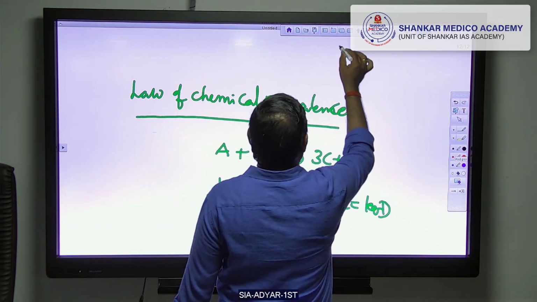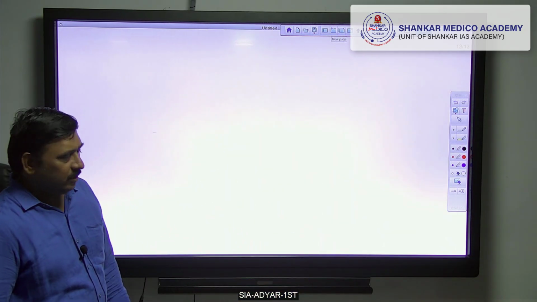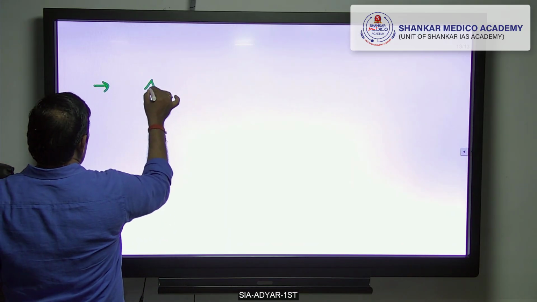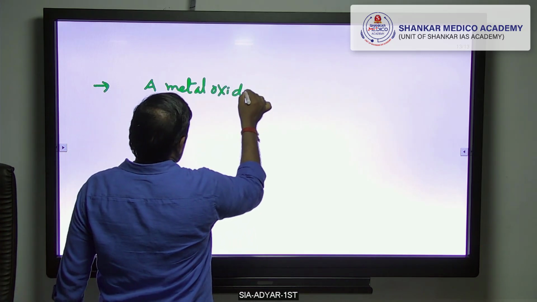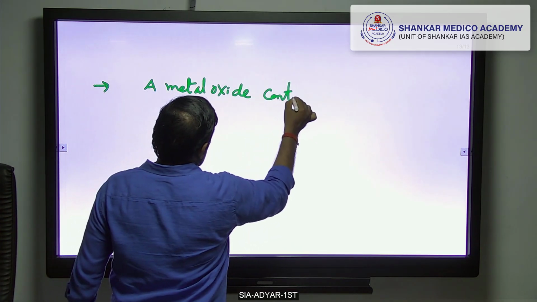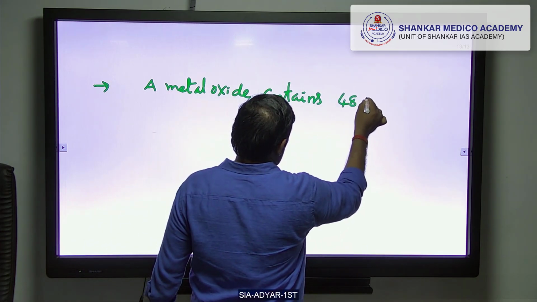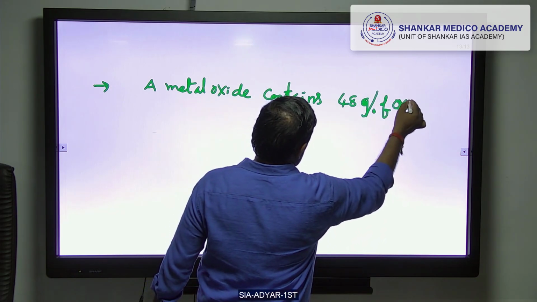Right now, we say one application of the law of chemical equivalence. Suppose a problem is giving a metal oxide. The metal oxide contains 48% of oxygen.